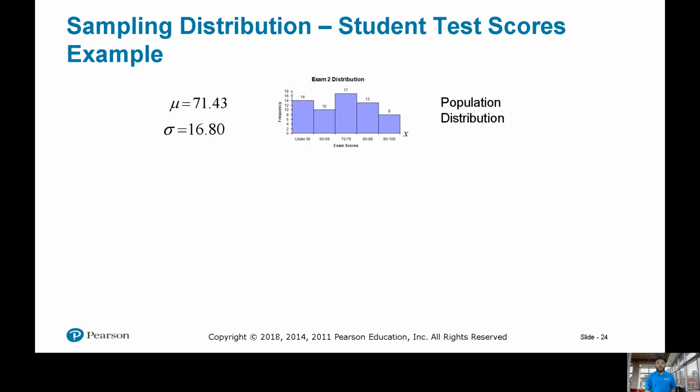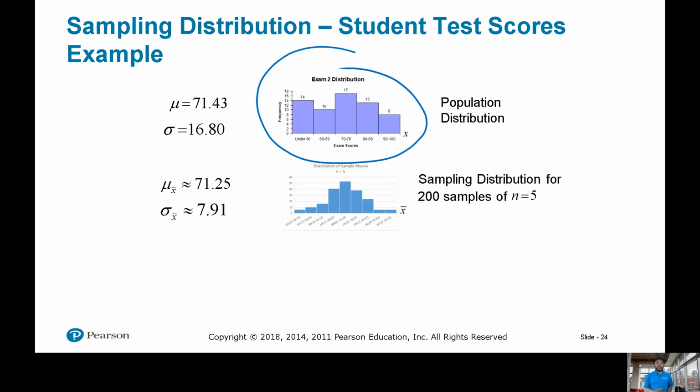All right, a recap on what we've done. Given that the population distribution looks like this, and we drew a sample of n equals 5, the histogram of the sampling distribution of the mean was normally distributed, and the sampling distribution mean is a good estimate of the population mean.